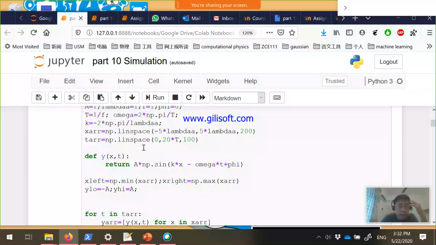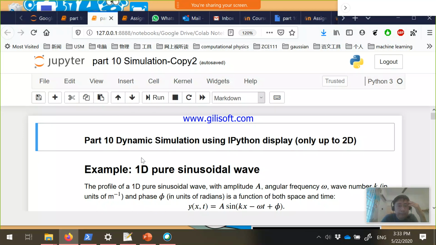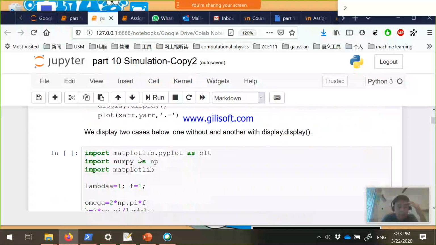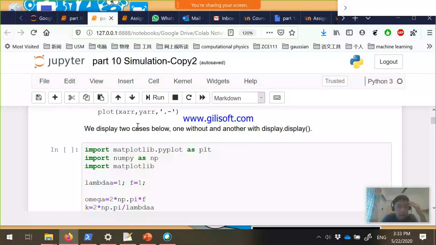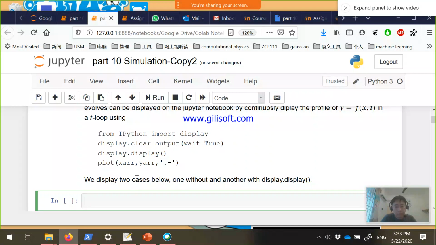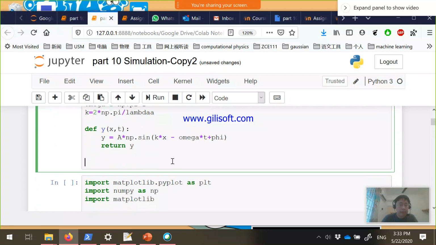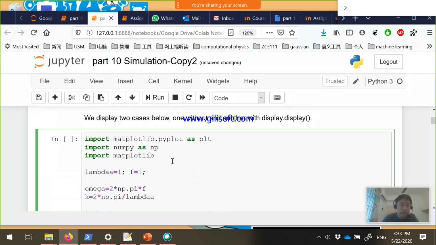So omega is related to the frequency through a very simple relationship. Omega is 2 pi f. Okay, so this is what it looks like.